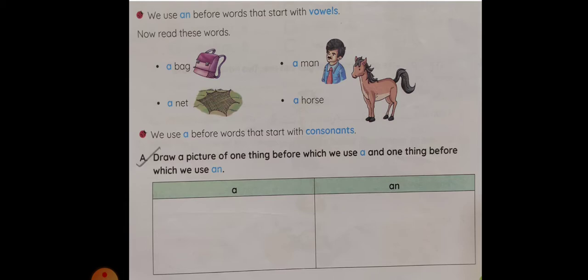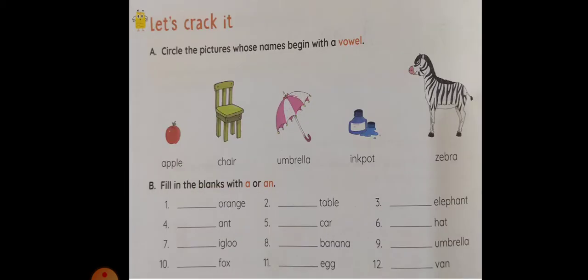You have got the examples, but you will not use the examples which are given in the book. You'll draw pictures which are not given in the book. Okay, try to do it. It's a homework. Now next page, that is page number 30.